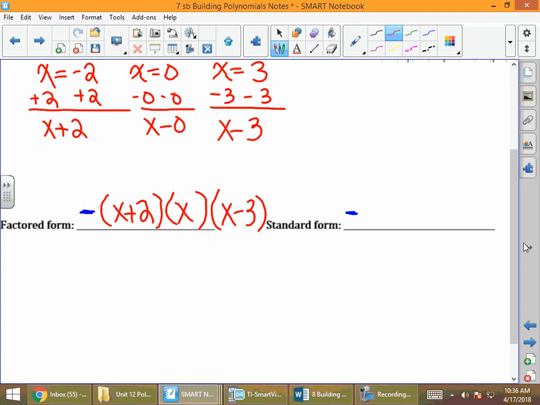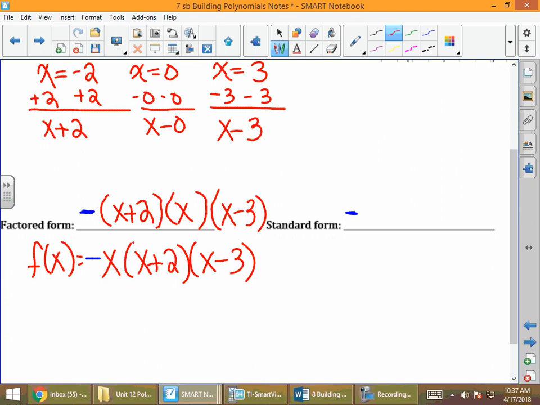I just would like to say that in general, I tend to like to write the x out front. So up to you, it's not going to make any difference when we multiply these together. But there's an alternative way to write the function.